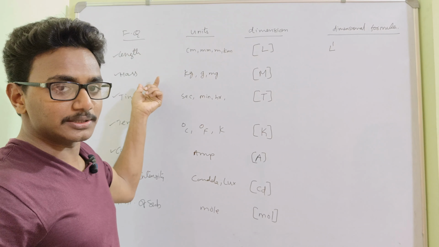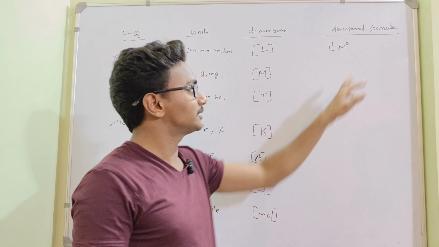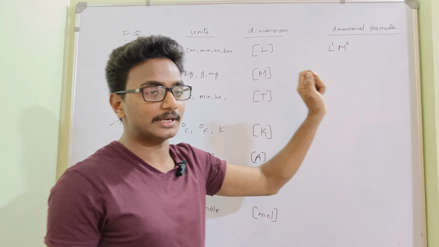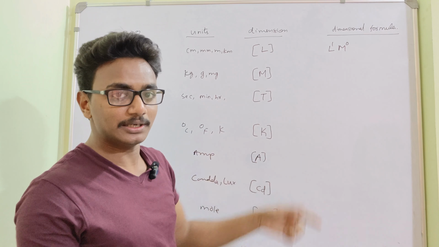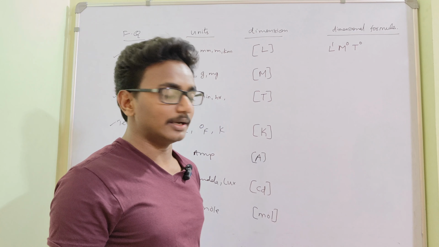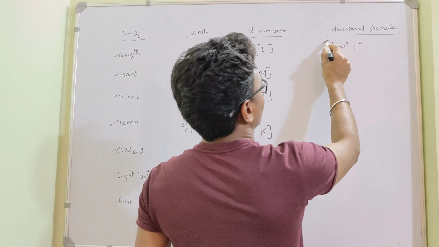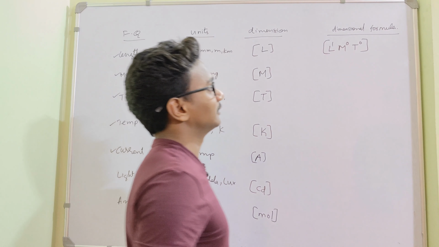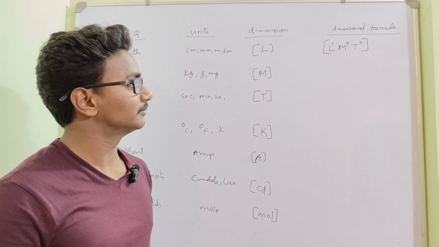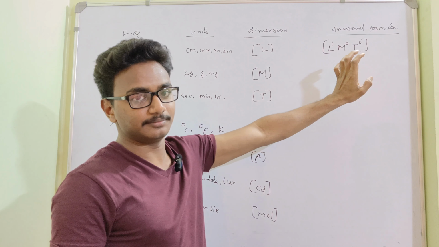Length doesn't depend on mass, so M power 0. Why M power 0? Because length doesn't depend on mass. Similarly, length doesn't depend on time either, and doesn't depend on temperature either, right? I'll just write those three quantities only.